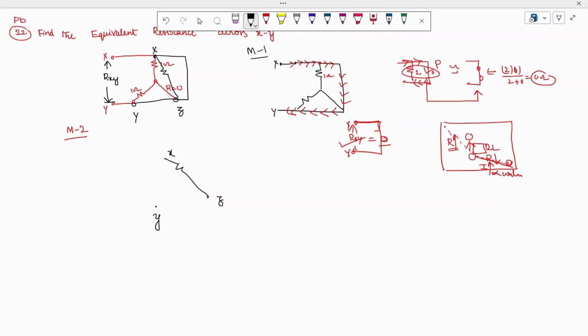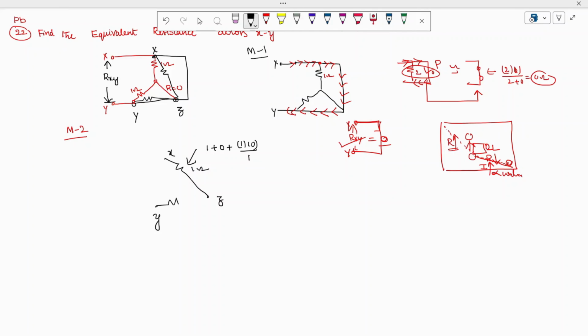How to find this value: this black color resistor is connected between two resistors, which is 1 plus 0 plus the product of these two, 1 into 0, divided by the remaining resistor, which is 1. This is also equal to 1 ohm. Here you get one more black color resistor.